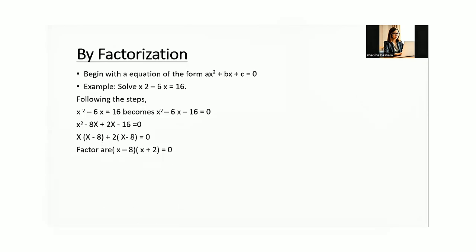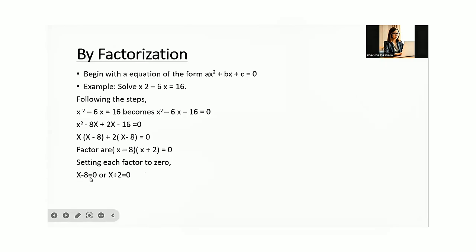Okay. Now the factors are x minus 8 and x plus 2 is equal to 0. We write the repeating term once and the other is x plus 2. Now we take these terms one by one equal to 0, meaning we can take each factor equal to 0: x minus 8 equal to 0 and x plus 2 equal to 0.